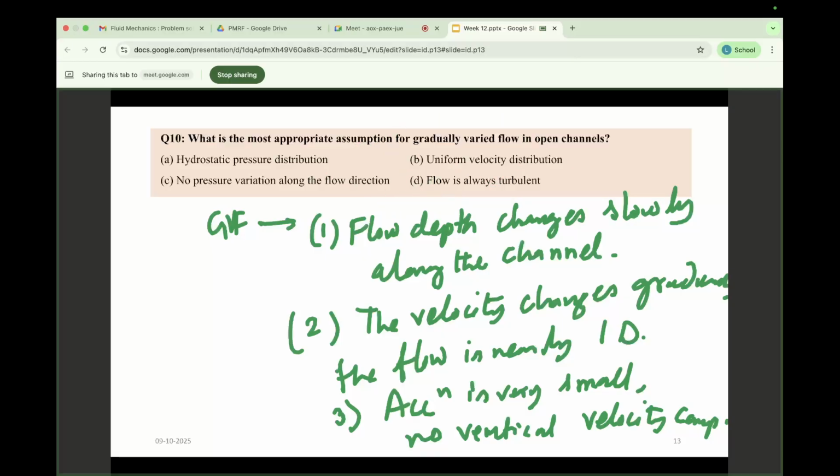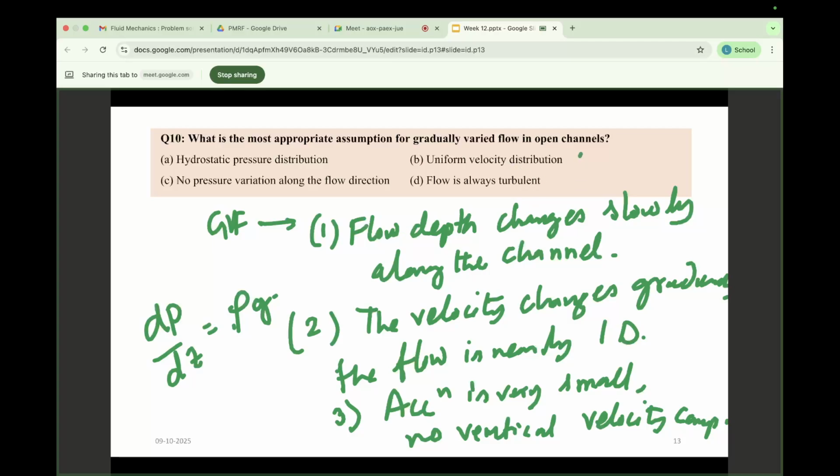If I talk about the hydraulic pressure distribution, definitely, because here we have studied this along the z direction. The pressure gradient is directly proportional to this one. So definitely hydraulic pressure distribution should be the most important, because it's already a gradually varied flow, so there are certain velocity changes, so a pressure gradient should be there.